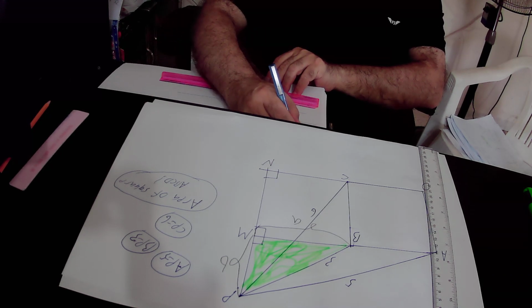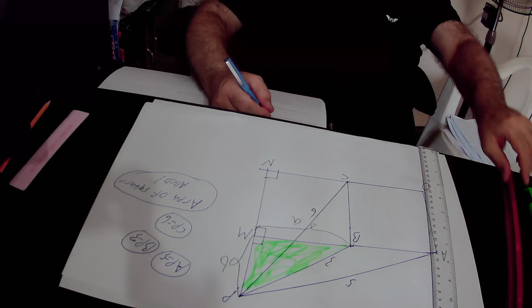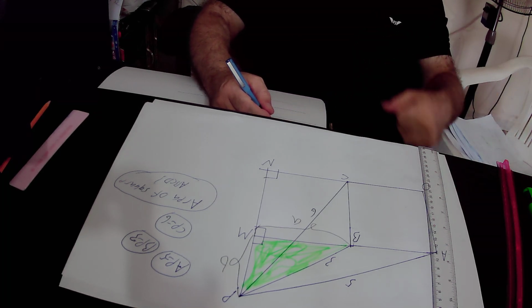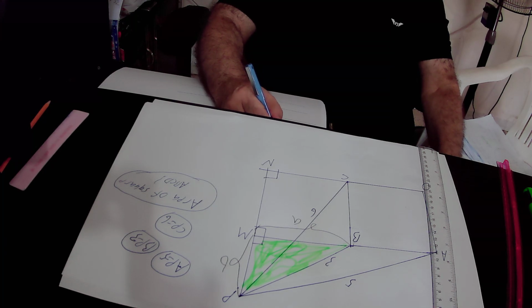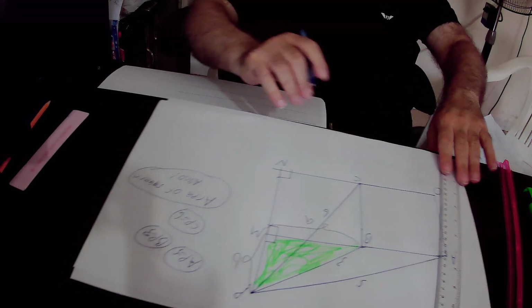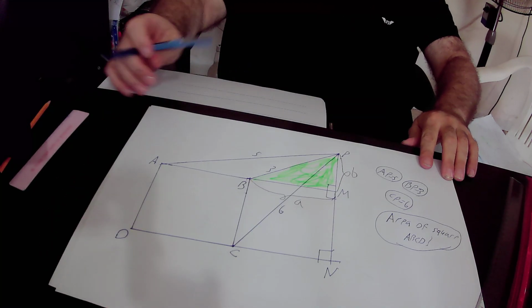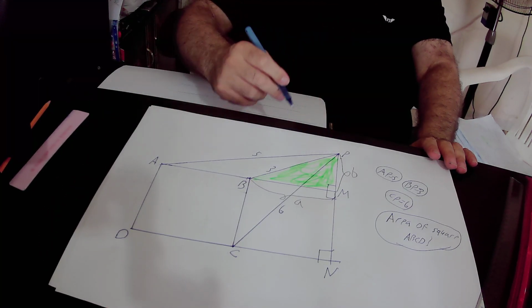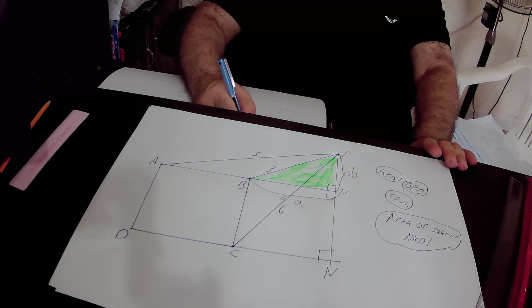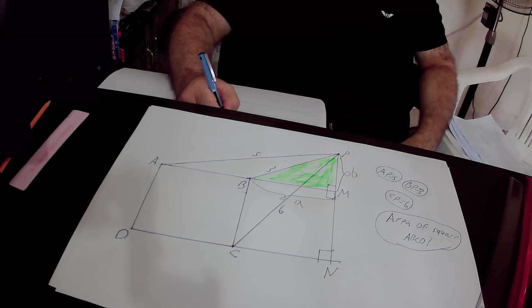The hypotenuse in the right big green triangle PBM is PB, therefore the square of the hypotenuse is PB squared, and it must be equal to the sum of the squares of the perpendiculars. That is to say, it must be equal to BM squared plus PM squared.